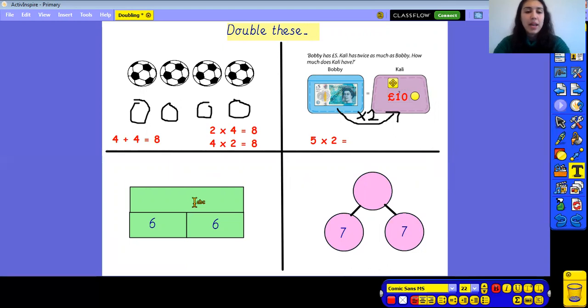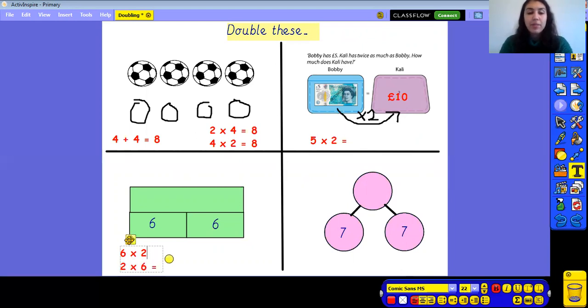Over here then, this is my bar model. So these 2 groups on the bottom are equal. That's how we know it's being doubled, because doubling is when we have 2 lots of the same number. So 6 add 6, or 6 times 2, because we've got 6 2 times, or maybe we've got 2 groups of 6.